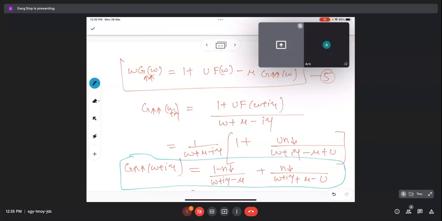I have basically just equated this Green's function to the form a divided by omega plus mu plus i eta plus b divided by omega plus u minus mu plus i eta. Because these two poles are there, I wanted to split the contribution, the coefficient of these two poles. So if I just equate it with this form and then find out a and b, that's what you will get at the end. Okay.